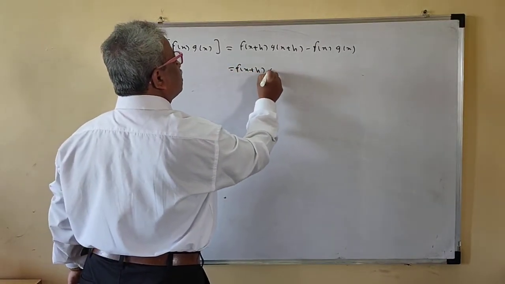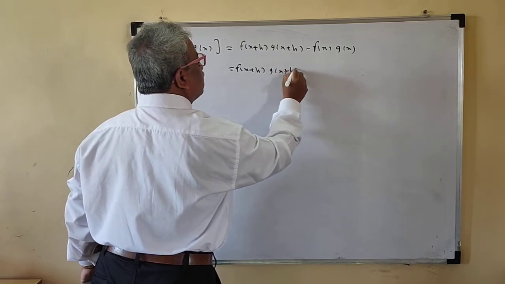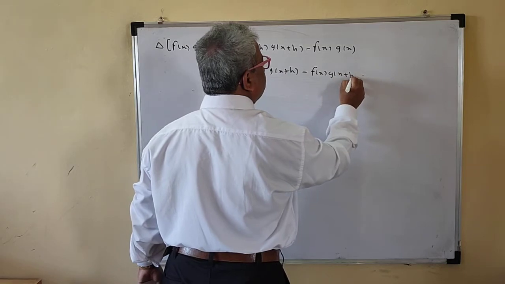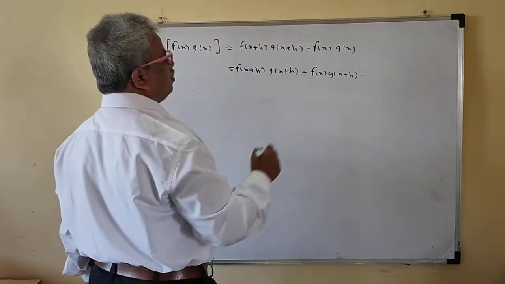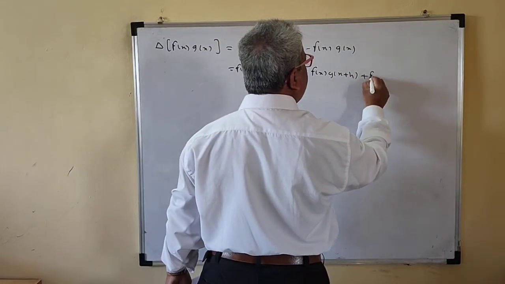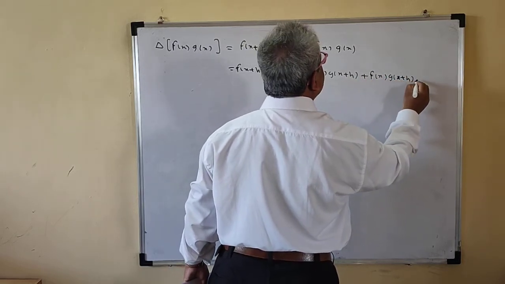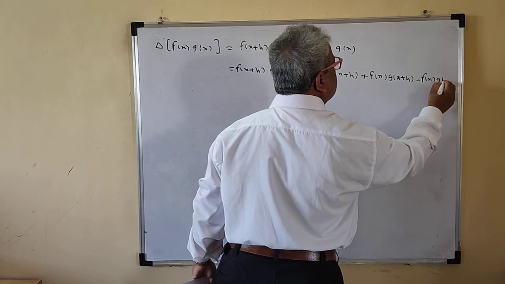f of x plus h, g of x plus h minus f of x, g of x plus h, and then I have to add this term since it is not there: plus f of x, g of x plus h minus f of x, g of x.